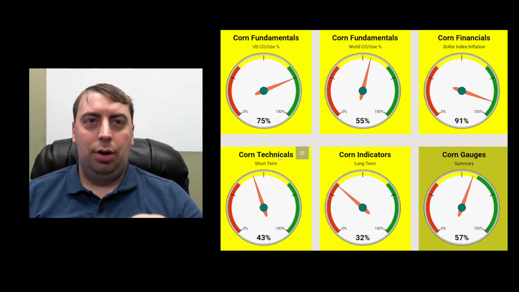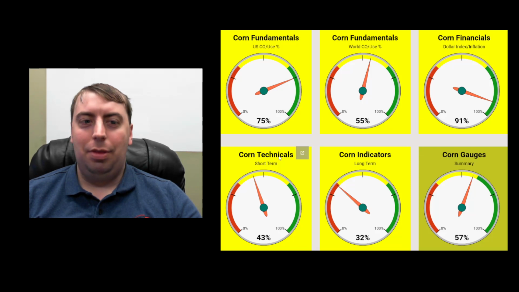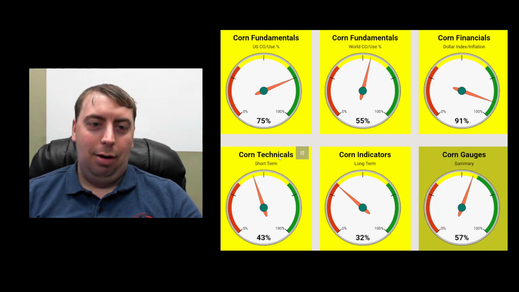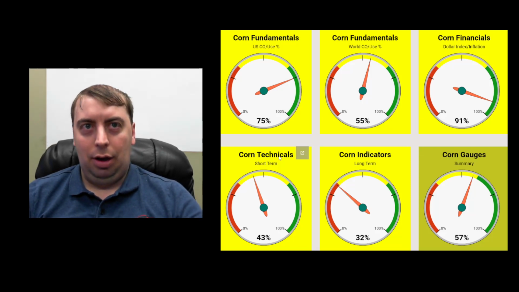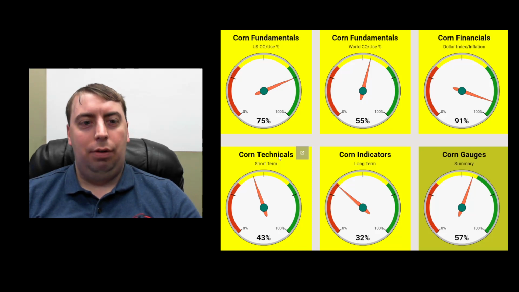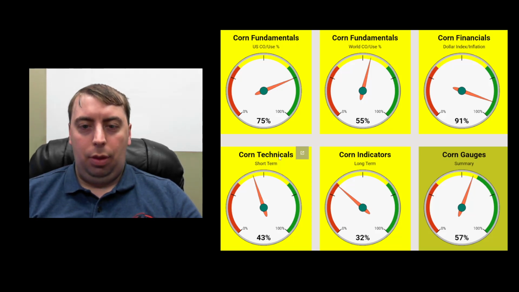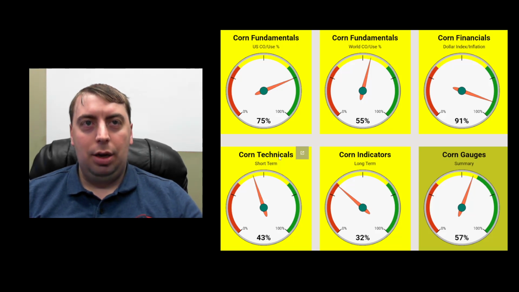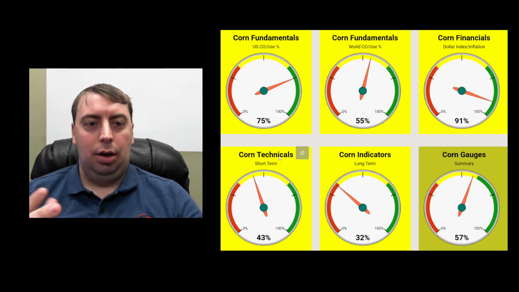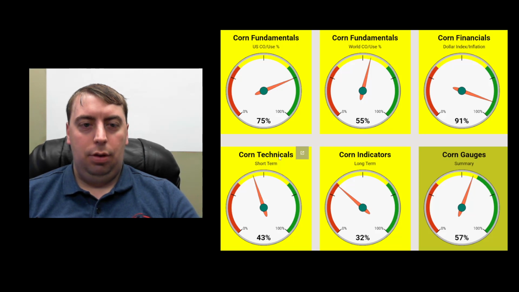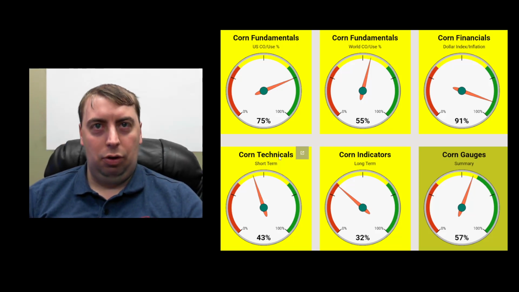Next, we have the corn technicals gauge for short term. This is basically the RSI, or relative strength index, and it compares how low or high we're trading compared to the last couple of weeks, and that is one technical measure we use to measure that.